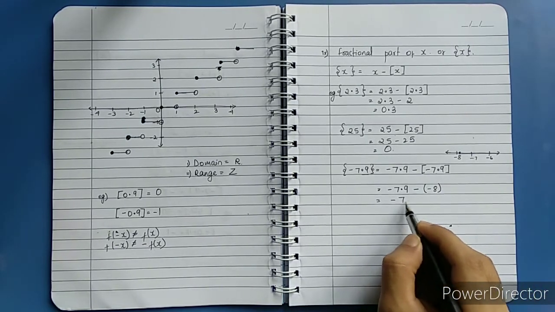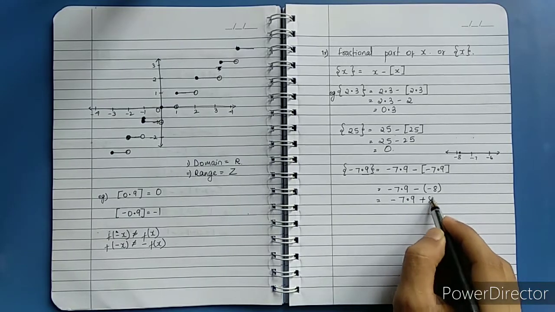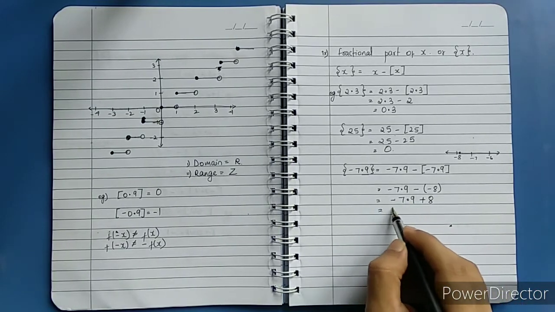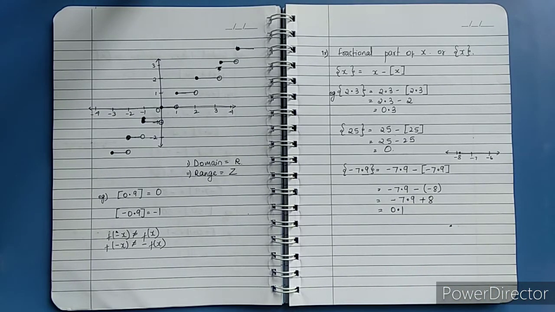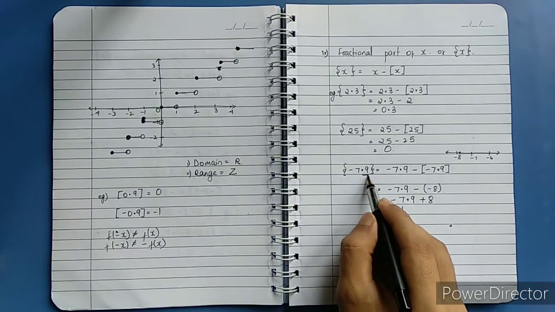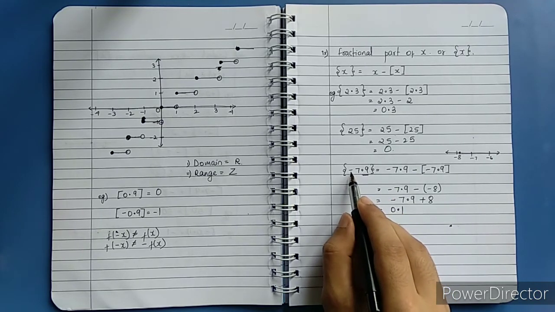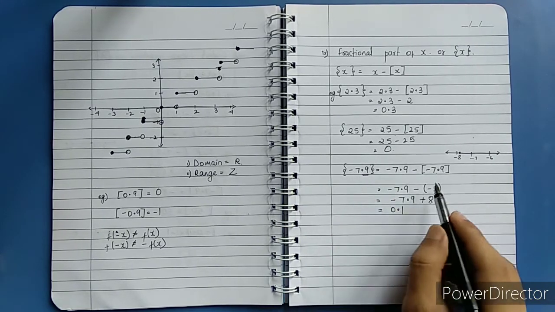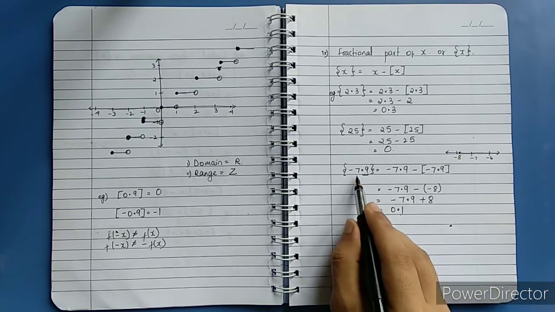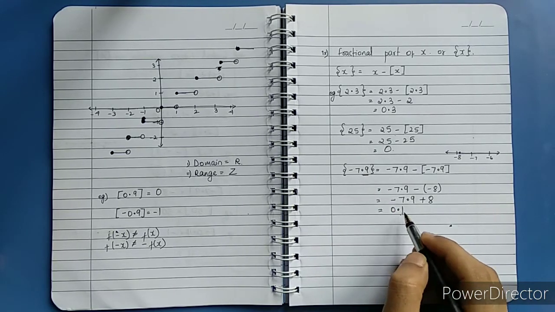So we have minus 7.9 plus 8. So 8 minus 7.9 becomes 0.1. However convenient it is to write 0.9 as our answer for the fractional part of minus 7.9, for negative numbers make sure you solve this properly and find it. It's not 0.9, we get 0.1.